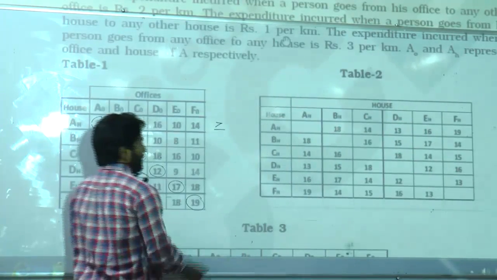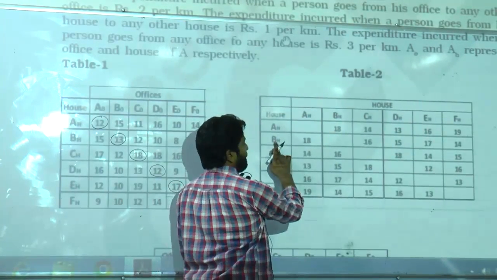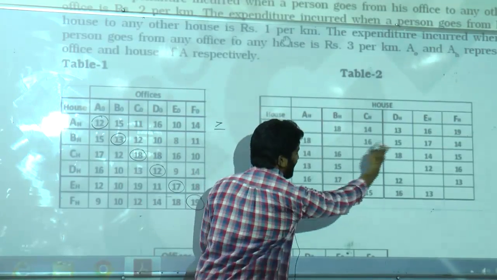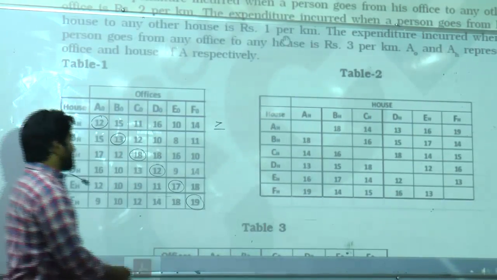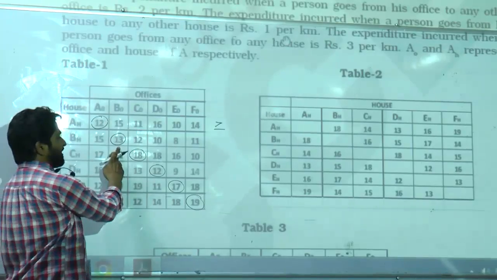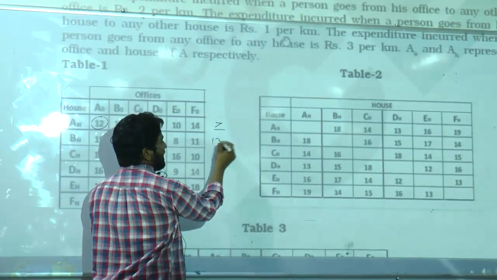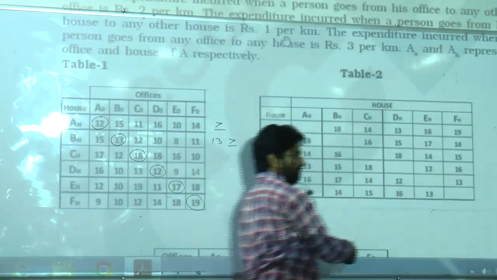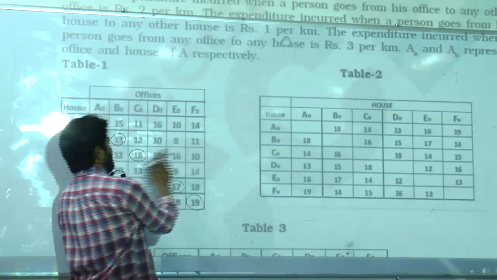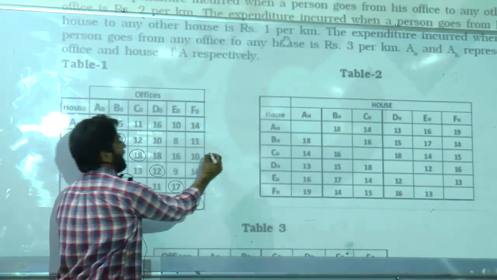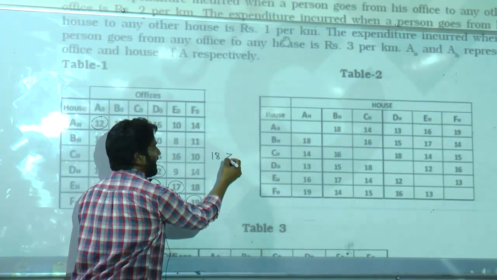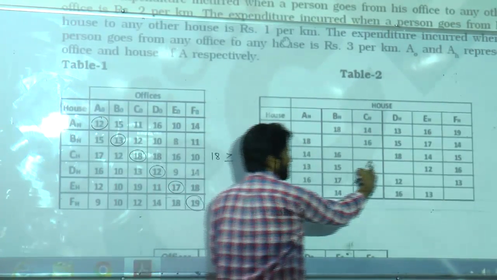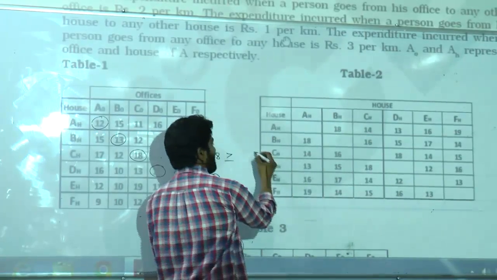No. What is the distance from B's house to B office? 13. Is 13 greater than or equal to these values? No. C house to C office? 18. Is 18 greater than or equal to any of these values? Yes, we got one person.